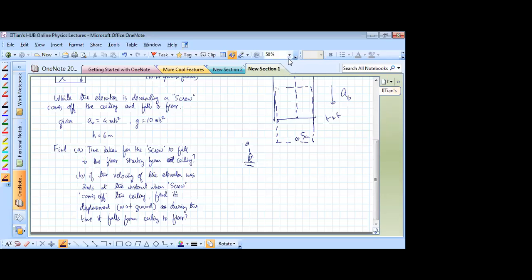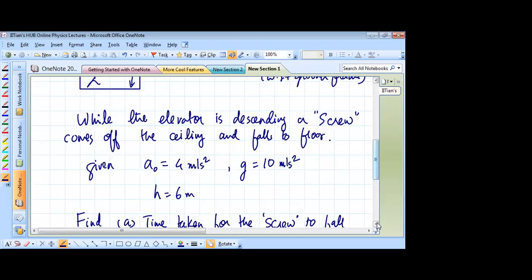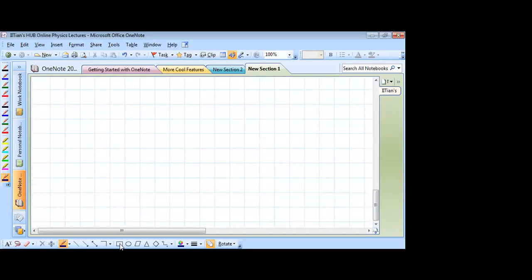Okay, so let me give the others a bit of a hint over here, how we can use relative motion very easily to solve this problem.